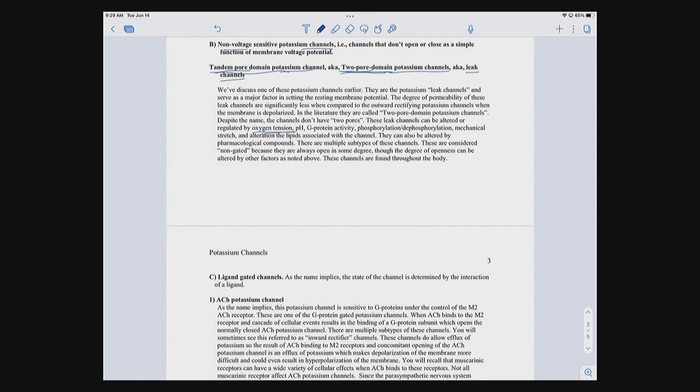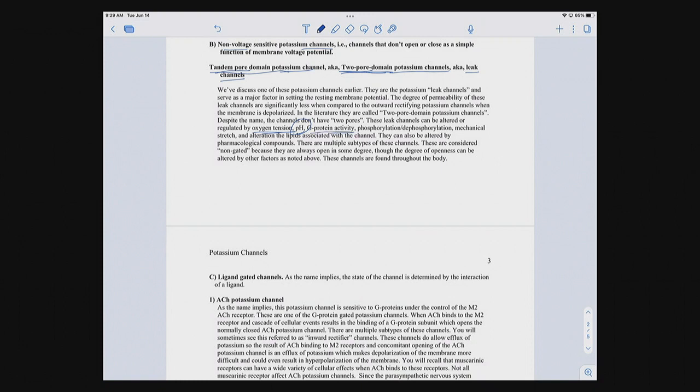So if oxygen is high or if oxygen is low, and of course that's going to be tied to oxygen delivery or metabolic rate or some combination of those, that can influence the permeability of these potassium leak channels, in turn influencing the resting membrane potential. pH can influence the degree of permeability of these leak channels.